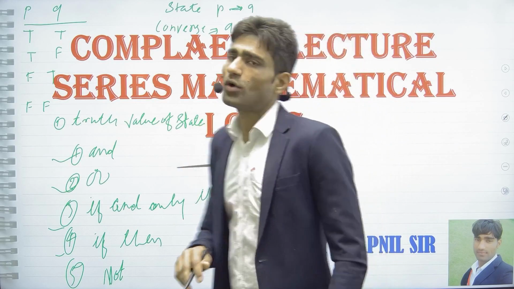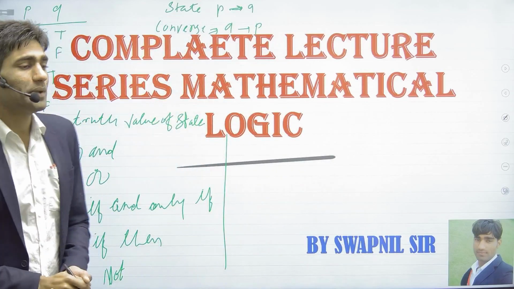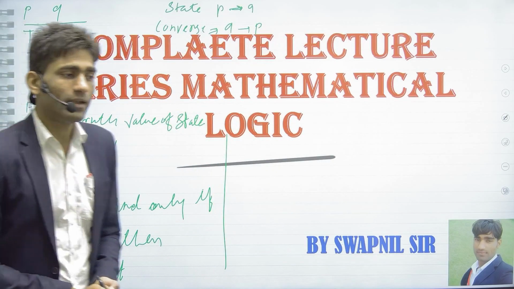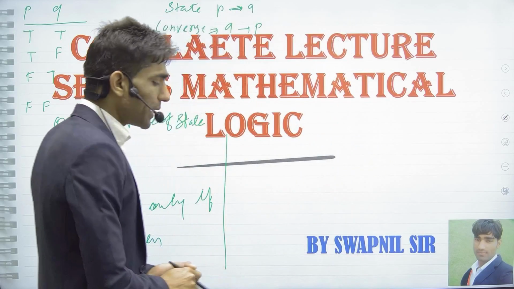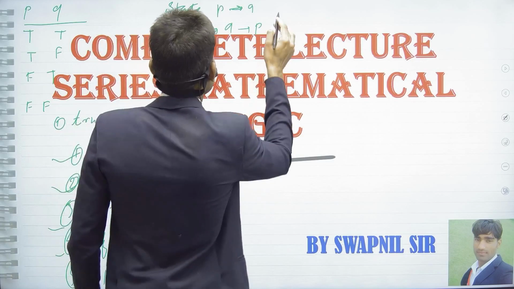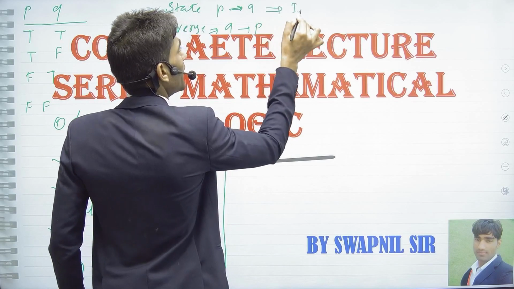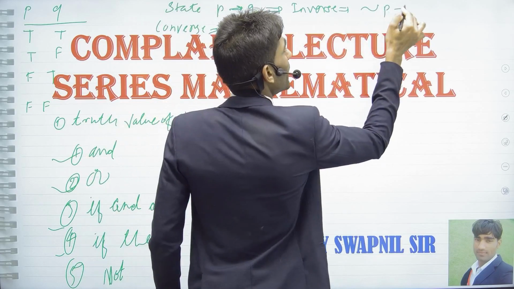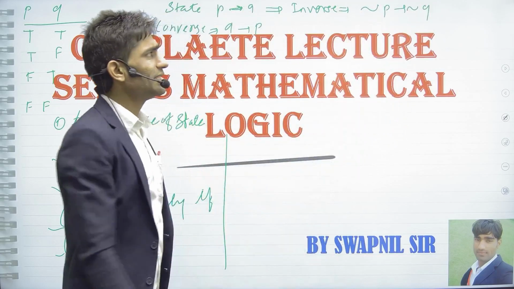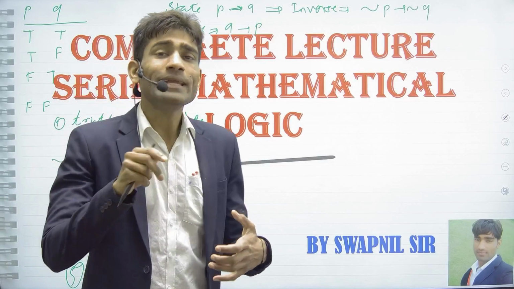So the converse we write as Q implies P. Then the inverse of this statement we write as negation of P implies negation of Q, which means not P then not Q.